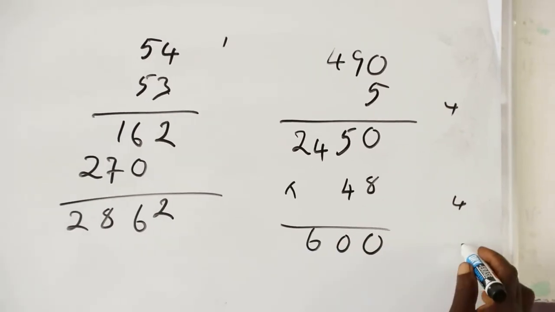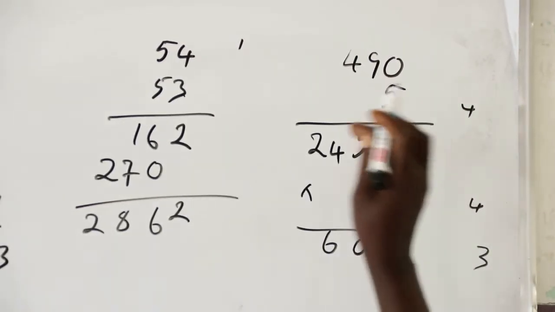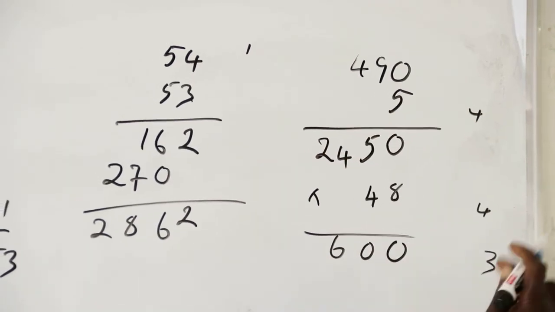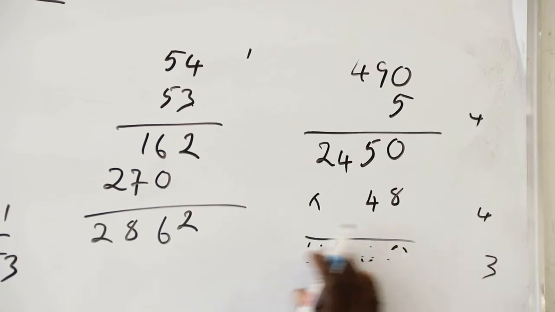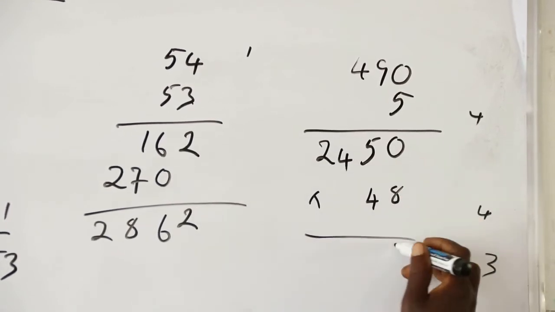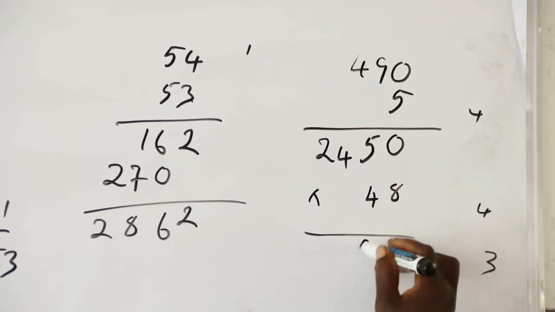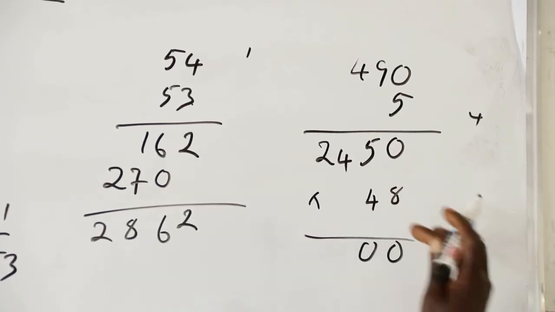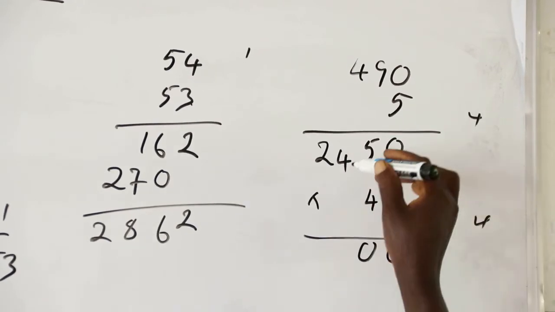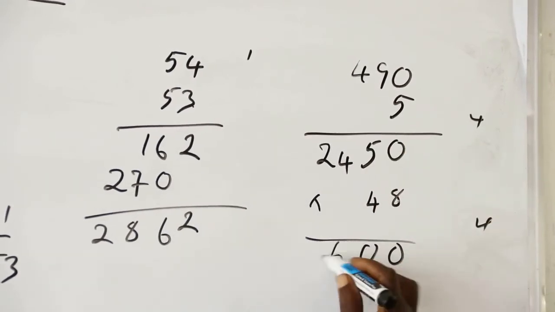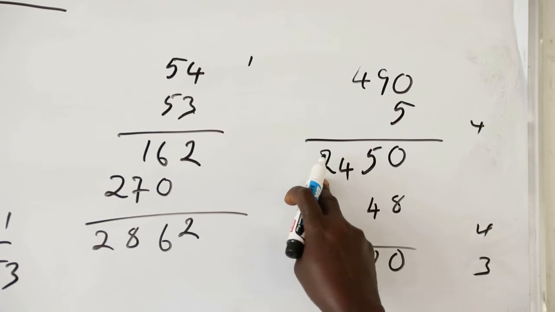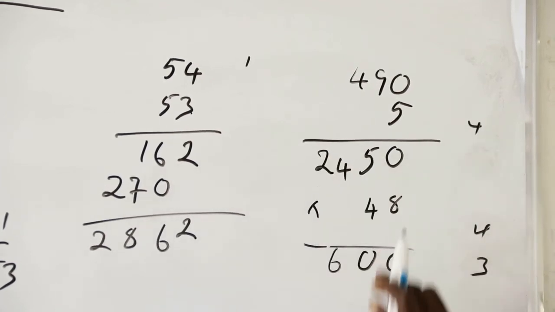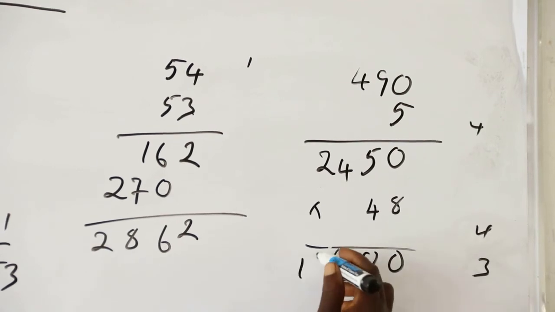Put 6, carry 3. 8 times 2 is 16, plus 3, 19, so we have 19.